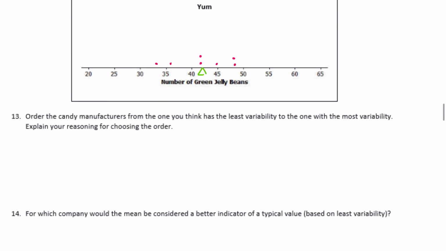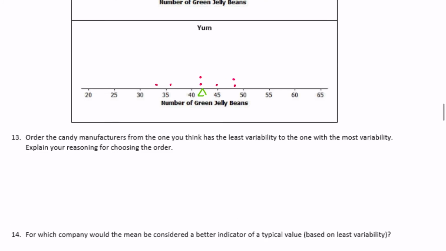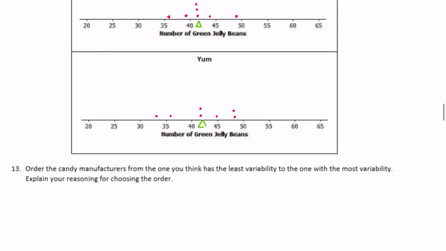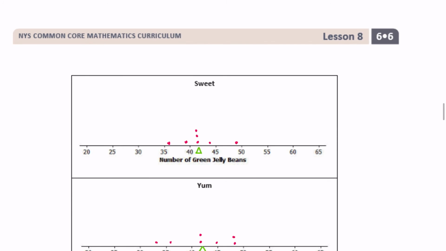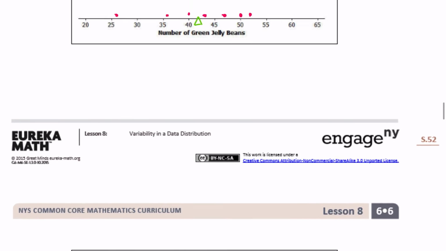Number 13. Order the candy manufacturers from the one you think has the least variability to the one with the most variability. Explain your reasoning for choosing the order. Okay, so I'm going to find the ones that have the least variability.